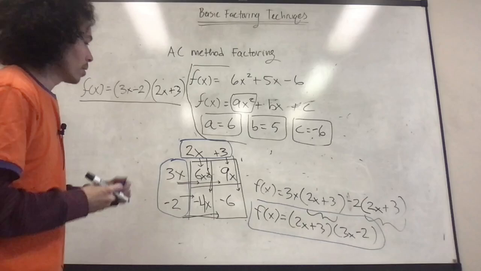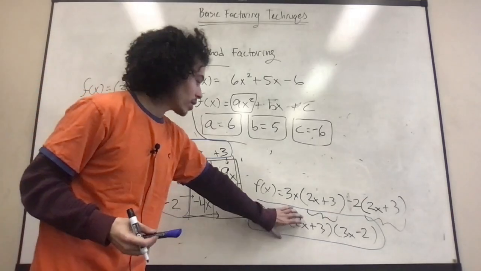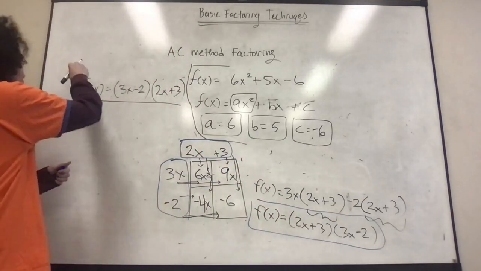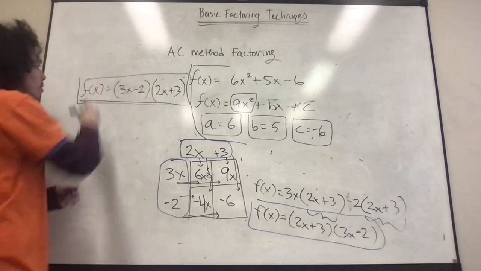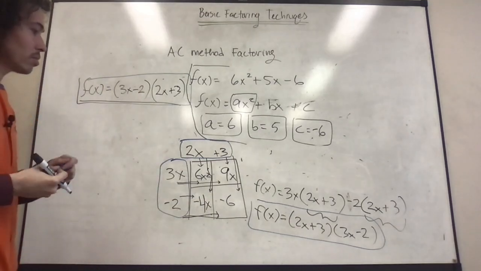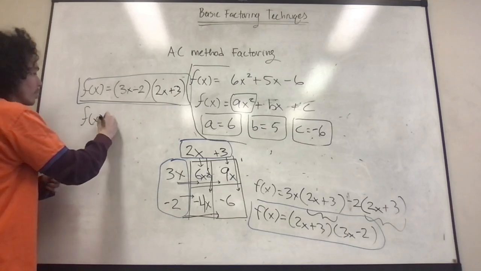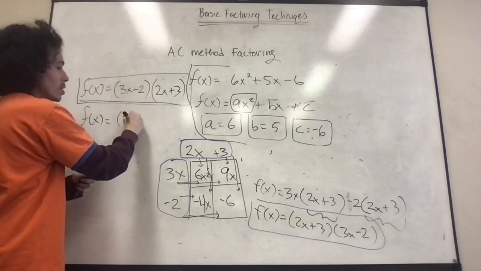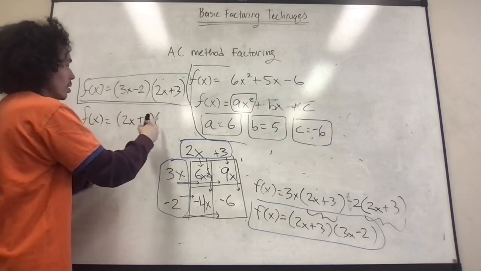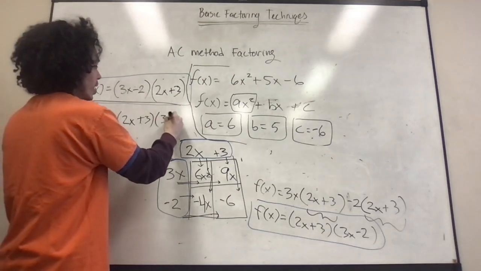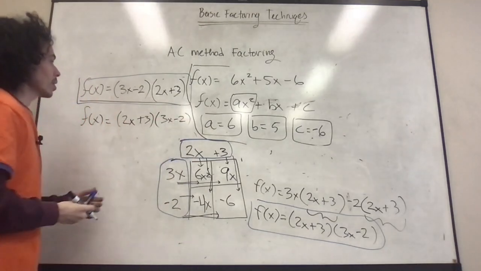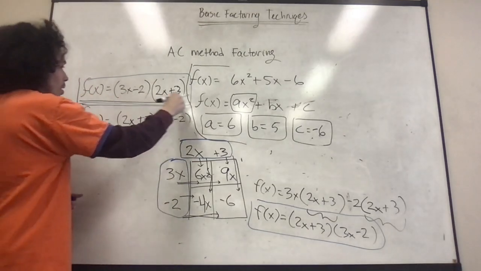Okay. So now we have this here and we have this one up here. Are they the same? Well, apart from one having the 2x plus 3 term on this side and 3x minus 2 on this side, they are exactly the same.